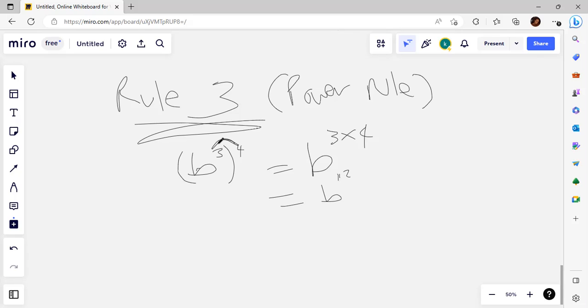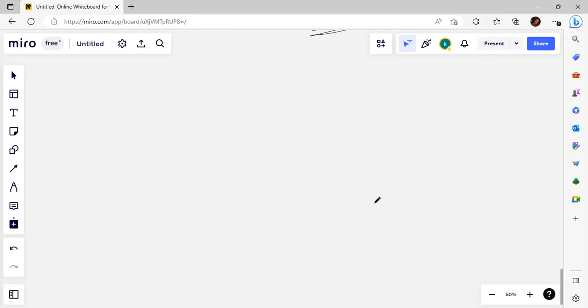Don't confuse the two. If it's the exponent inside and the one outside, we multiply. But if it's the same base being multiplied, we add. In this case, it's the exponent inside the bracket and outside the bracket, so we multiply, and it gives us b to the power of 12. Perfect.